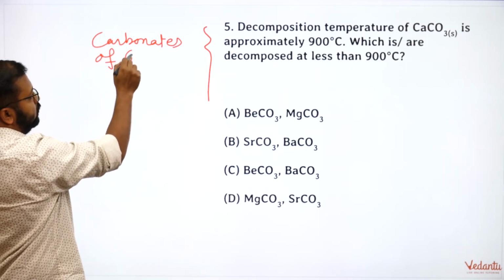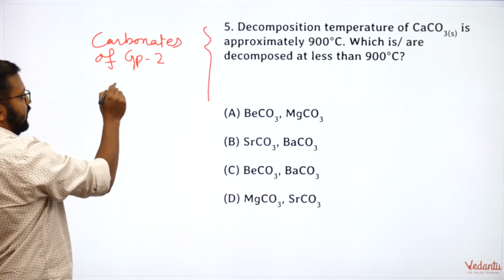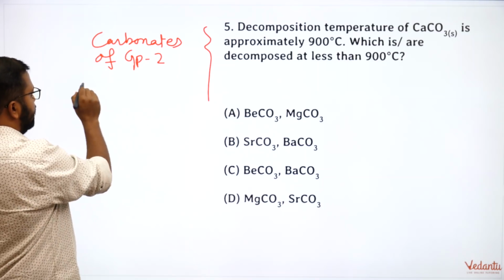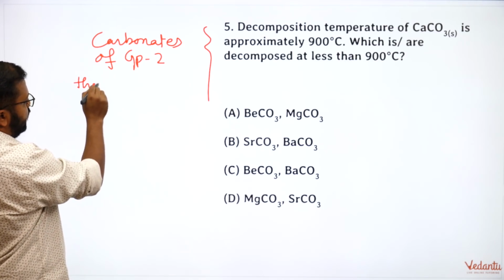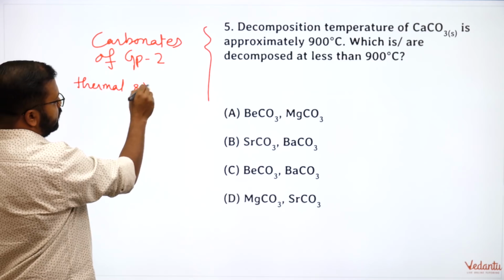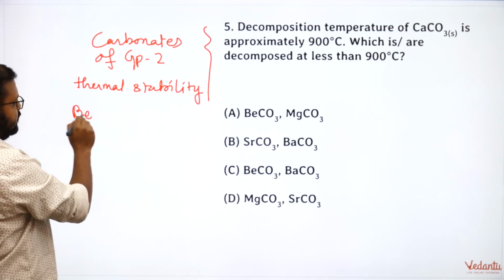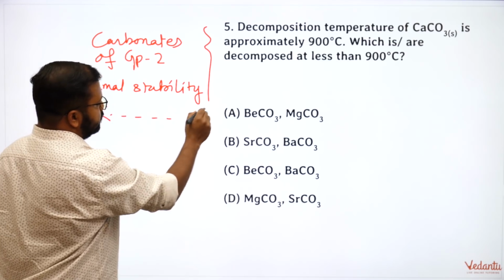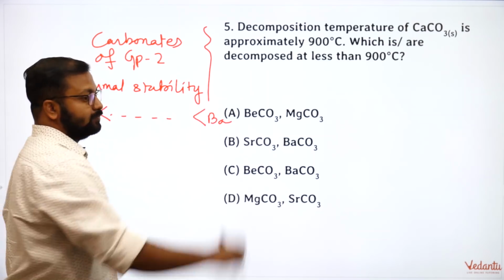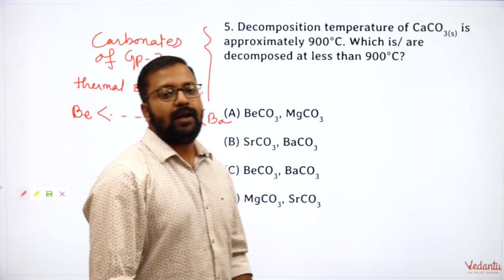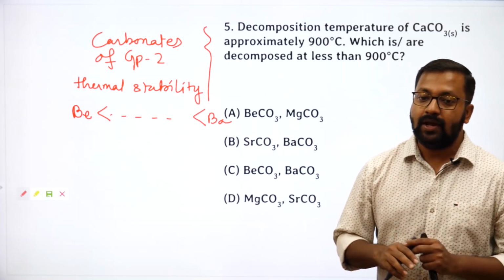So for carbonates of group 2, thermal stability increases from beryllium to barium.